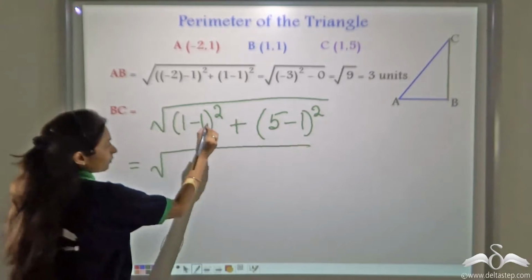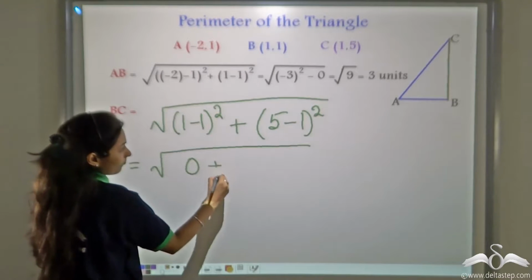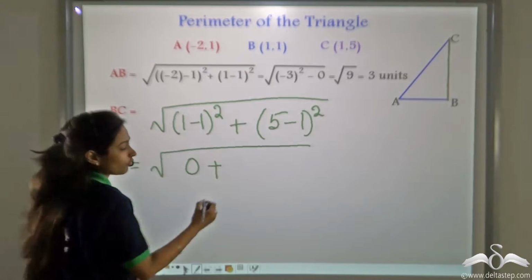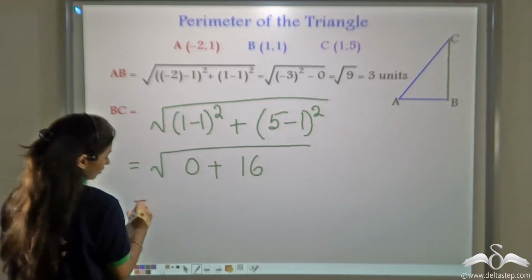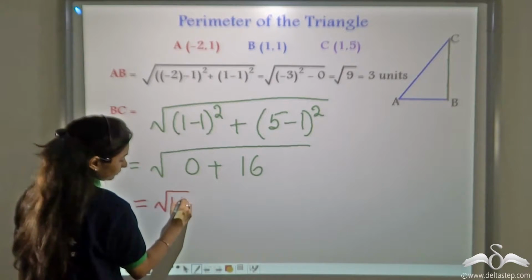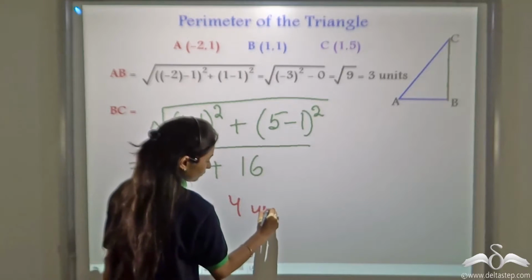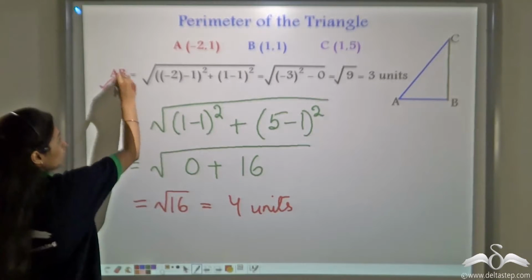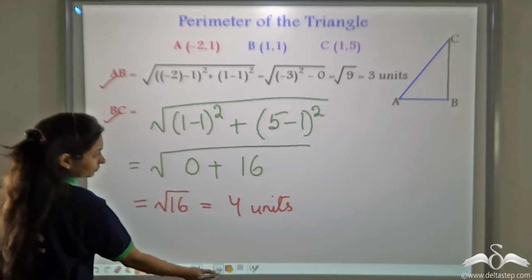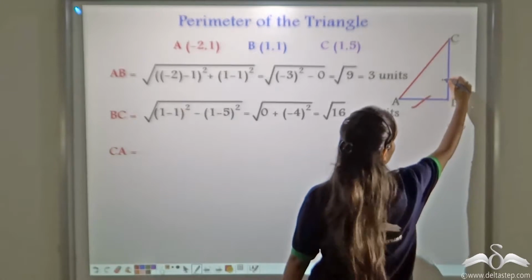Root over, 1 minus 1 will give us 0 and 0 square is 0. And 5 minus 1 is 4. 4 square will give me 16, which will give me root over 16. Now root over 16 is 4 units. So we successfully found AB as well as BC. So now we have two sides. AB we have, BC we have.